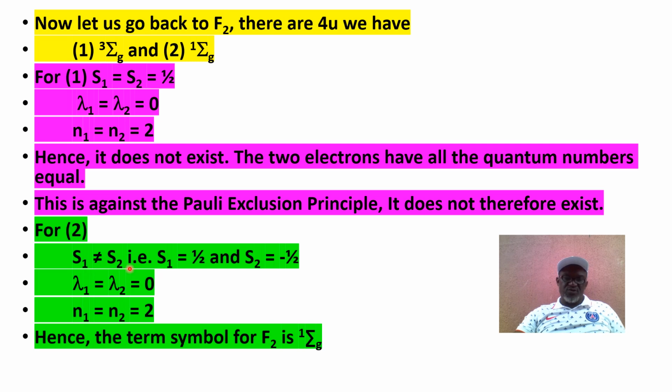Let's check for the second one. S1 is not equal to S2 because S1 is half and S2 is minus half. Lambda 1 is equal to lambda 2 equal to 0, N1 is equal to N2 equal to 0.